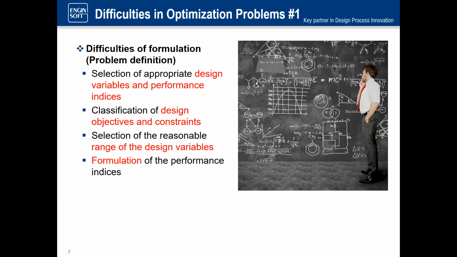Have to classify these design objectives versus constraints. And we'll talk more about constraints, but basically constraints are where we define certain boundaries that can't be crossed. And so we just have to look at the problem and figure out which attributes fall in that area.